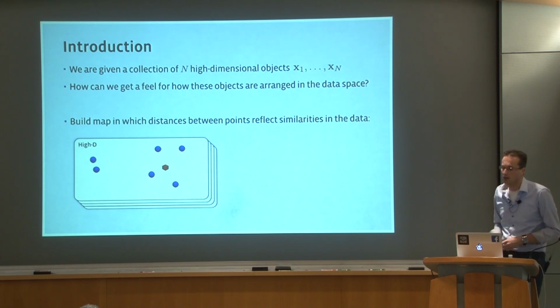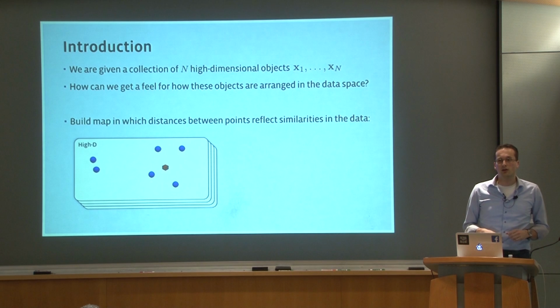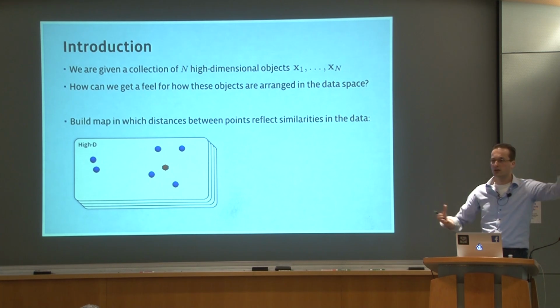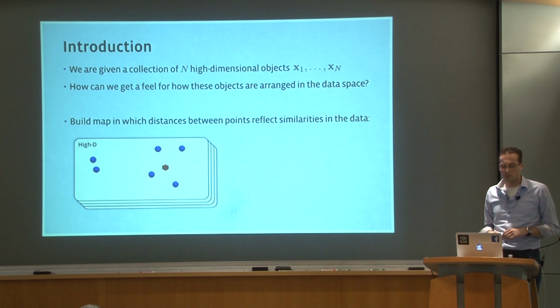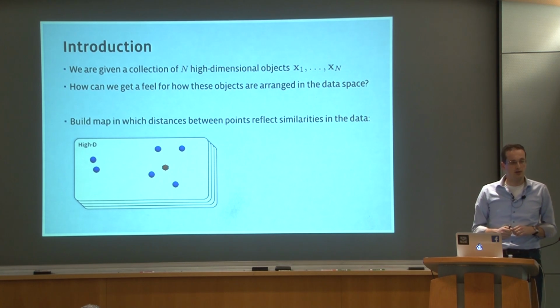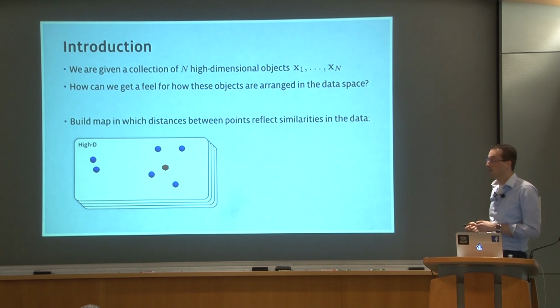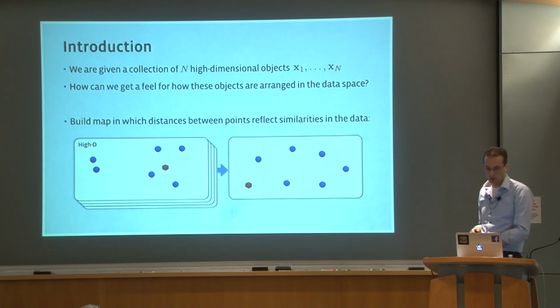How can we get a feel for how these objects are arranged in this large high-dimensional space? The idea is to build a two-dimensional or three-dimensional map of the data, in which the distances between the points in the map reflect the similarities in the high-dimensional data.